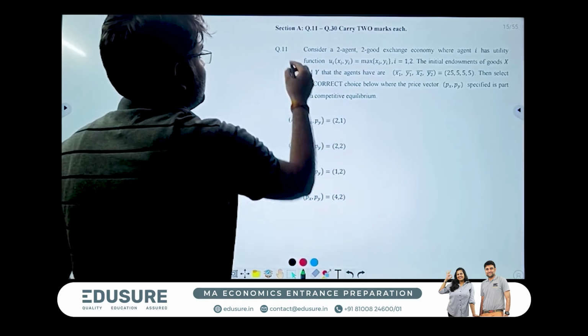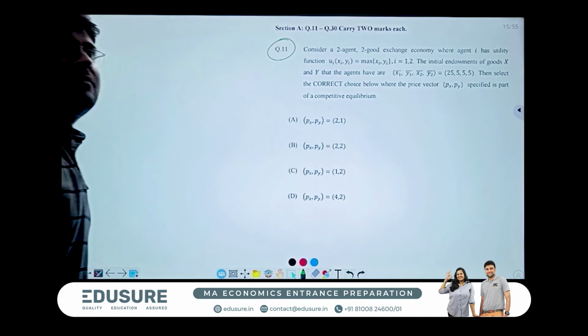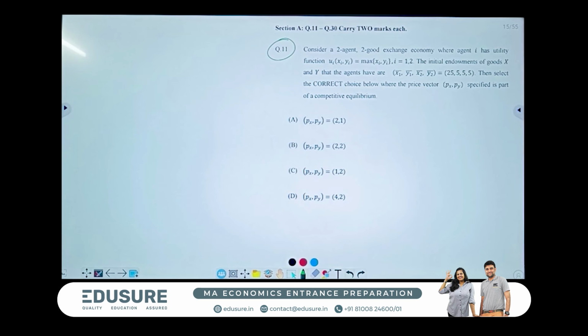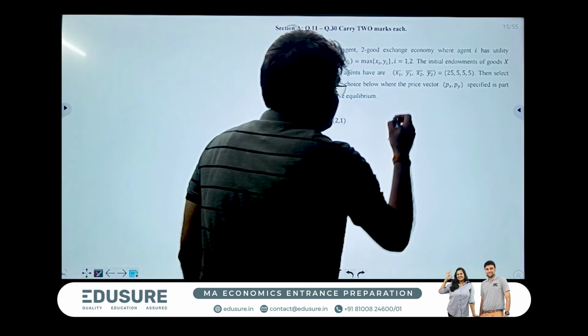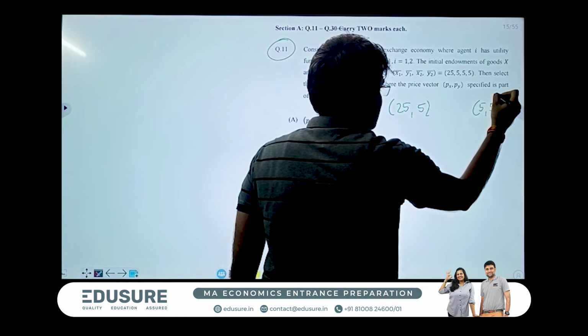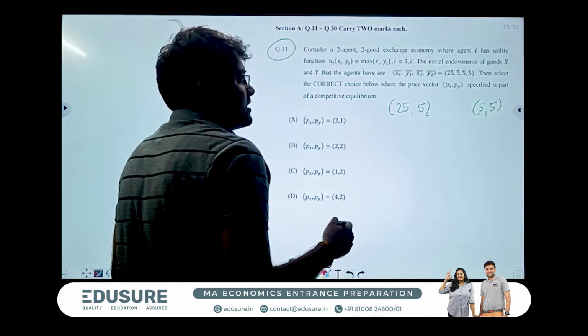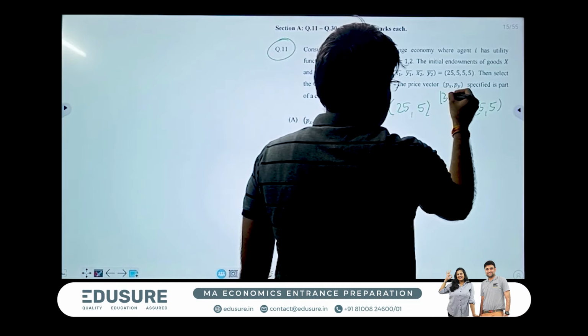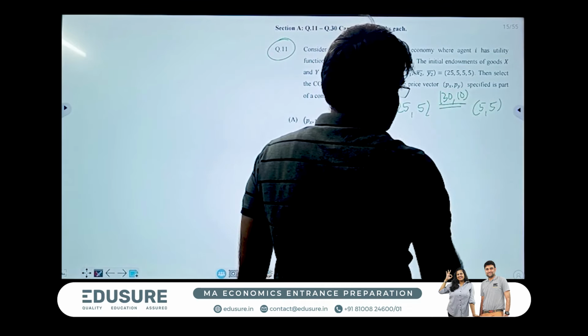JAM 2023, question number 11. Consider a two-agent two-good exchange economy. The utility is max XY. The initial endowment of the good is 25.5 and 5.5. So the total endowment of X is 30 and that of Y is 10. Okay.